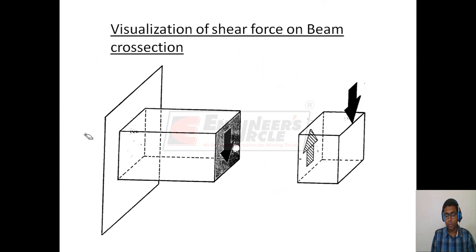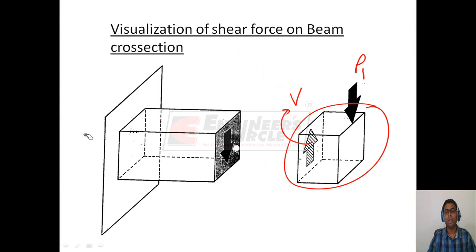So a shear force V will be acting on this cross section to balance the applied load P1, so that this part of the beam can remain in equilibrium in vertical direction. So V minus P1 will be equal to 0. That is V, the shear force in this case, will be equal to P1. This V is shear force because it is acting parallel to cross section A, B, C, D.